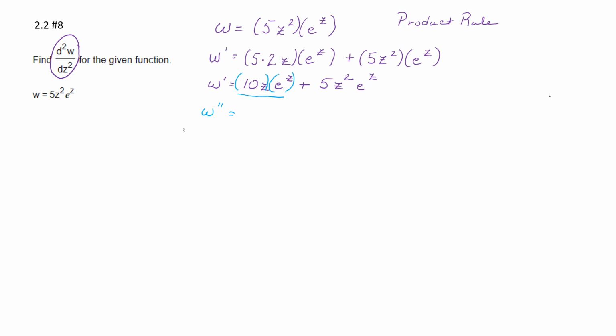So the derivative of 10z is just 10 times the second factor, which is e to the z, plus the first, which is 10z, times the derivative of the second factor, which is e to the z.